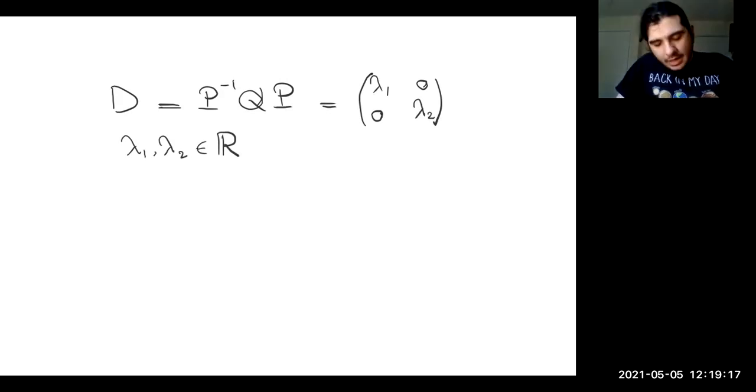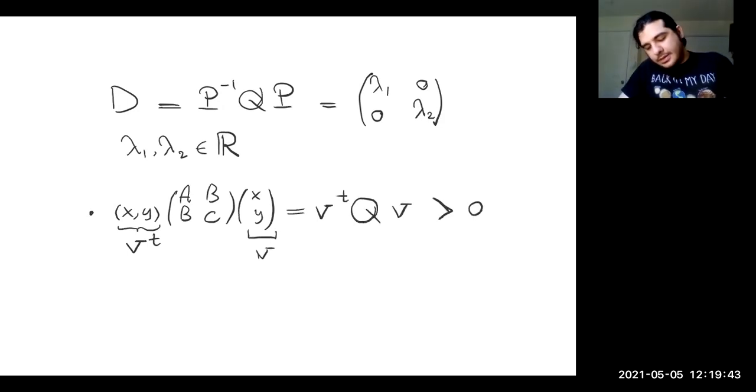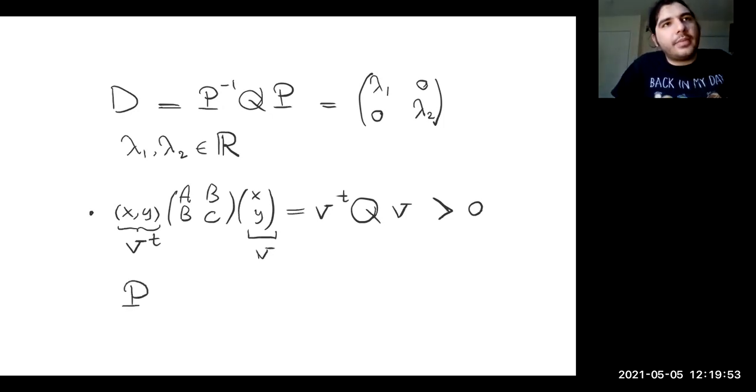Now, remember, we want it to be positive definite, and we saw being positive definite means (x y) times this matrix Q times (x y) should be positive. If I call this vector v, it means v transpose Q v should be positive, right? Now it's interesting. Look at this matrix P. It's an invertible matrix, right?